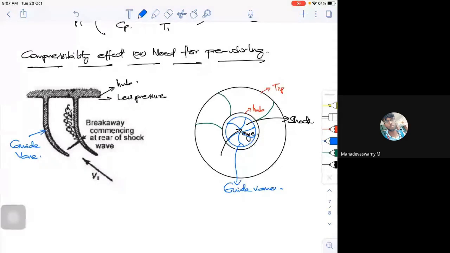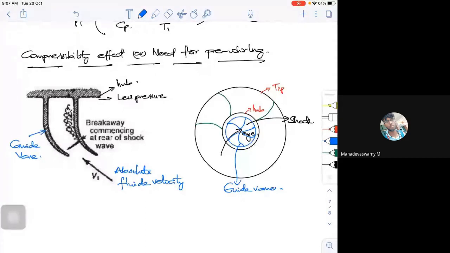So this is not the absolute fluid velocity V1, with which the fluid will be entering. It's something like I have a fixed set of blades, fixed in such a way that I give a certain amount of turning angle. If there is no whirl, the fluid will be entering exactly at alpha equal to 90 degrees or whatever it may be.